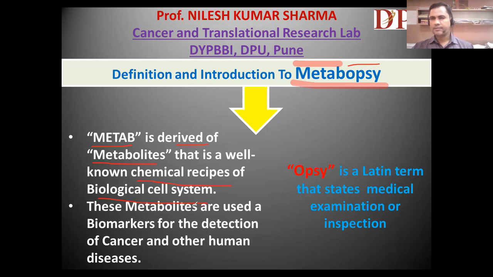Even nowadays, these metabolites play an important role in genetic and epigenetic regulation of cell systems. And most importantly, these metabolites are required by each and every kind of cell for normal function. They are even used as biomarkers for the detection of cancer and many other human diseases. So that was the interesting point in using this particular word metab.